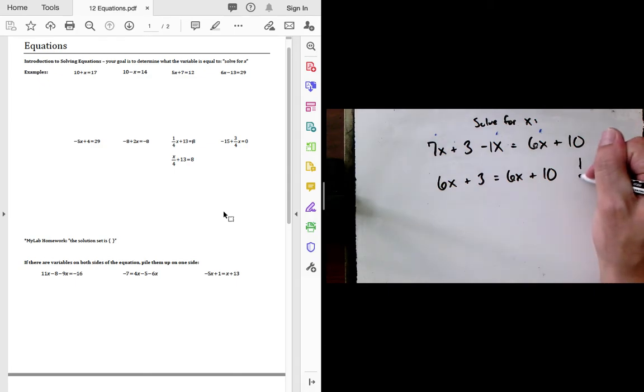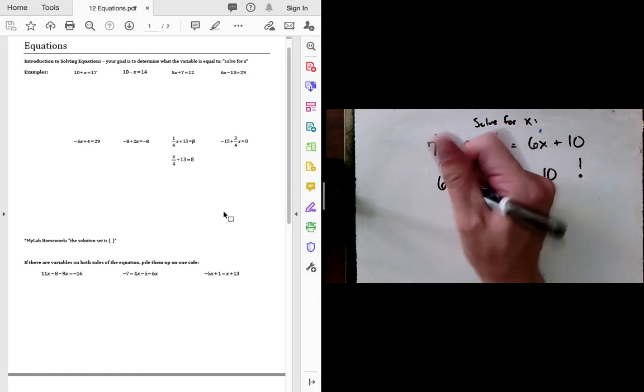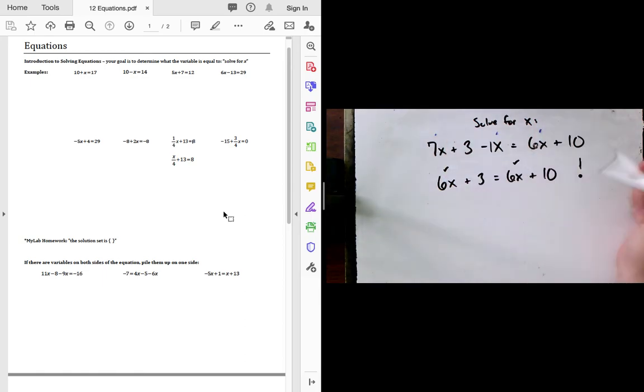When you see equations that have the same amount of x's on both sides, bad things are happening. You're either dealing with no solution or infinitely many solutions. What we want to do first to determine whether we have no solution or infinitely many solutions is to get rid of these x's.